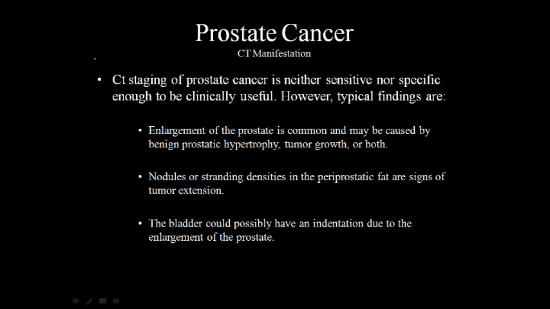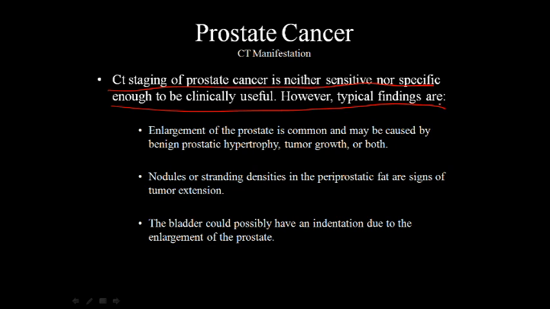is maybe just a quick visualization of the prostate, but we need to keep in mind that CT staging of the prostate is neither sensitive nor specific enough to be clinically useful. However, if we do use it, typical findings are going to be enlargement of the prostate, which may be caused by benign prostatic hypertrophy, tumor growth, or both.